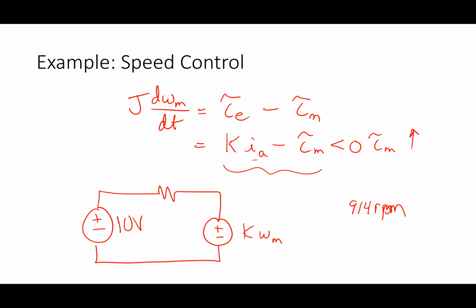TM goes up, the net torque goes less than 0, so the speed drops. If the speed drops, this voltage source K omega M drops, so the current IA increases, until eventually these guys become equal again, and he begins to operate at a lower speed.